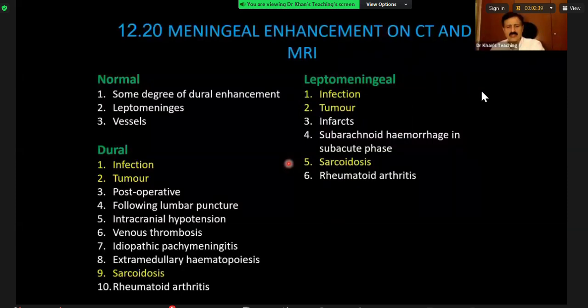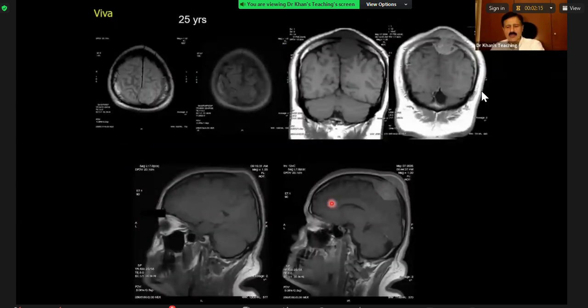Infection, tumor, and sarcoidosis are very important for you to remember. Please remember, sarcoidosis is known as the greatest mimicker in neuroradiology, and it is a favorite for the examinations. It can also come as a long case, with something in the chest and something upstairs in the brain given to you. This is dural metastasis in the case of rhabdomyosarcoma.